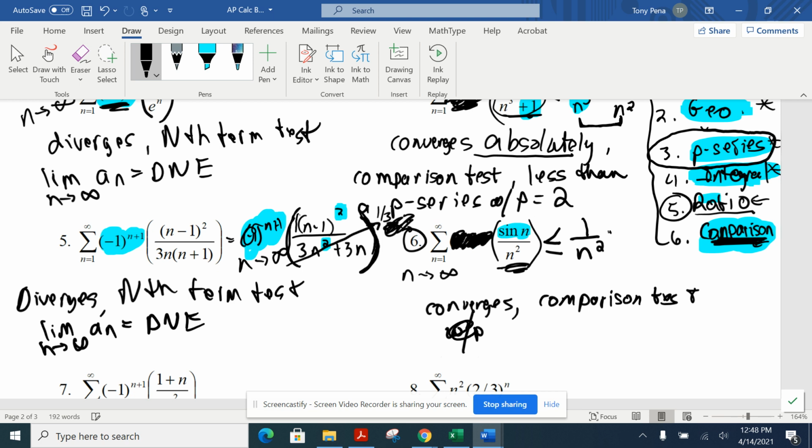With our comparison test, it is less than. Do that first. A p-series with a p equal to 2, which is greater than 1.